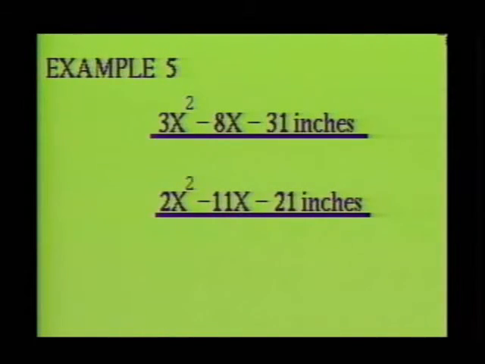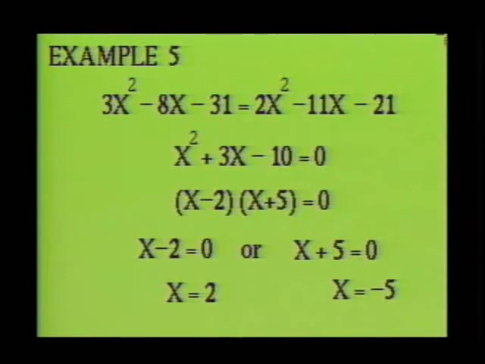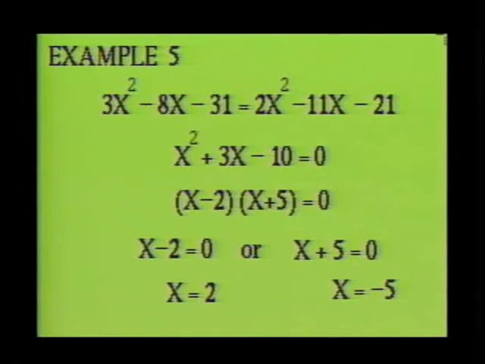Example 5. Find the length of 2 congruent line segments if their lengths are 3x squared minus 8x minus 31 inches and 2x squared minus 11x minus 21 inches. Since the line segments are congruent, we can write the equation 3x squared minus 8x minus 31 is equal to 2x squared minus 11x minus 21.